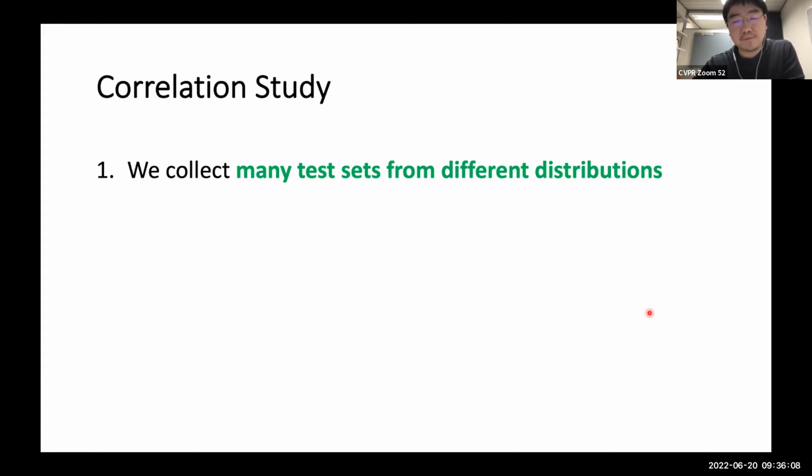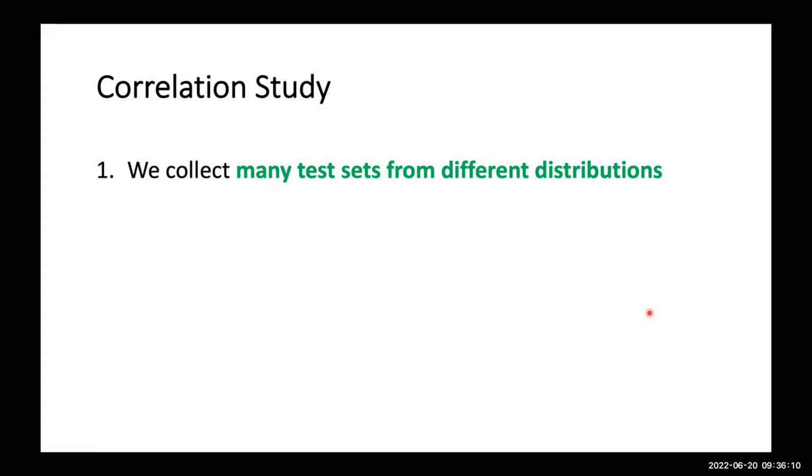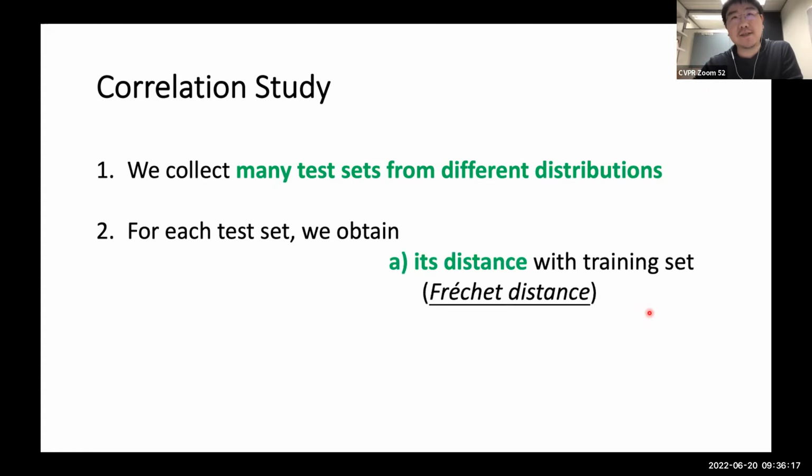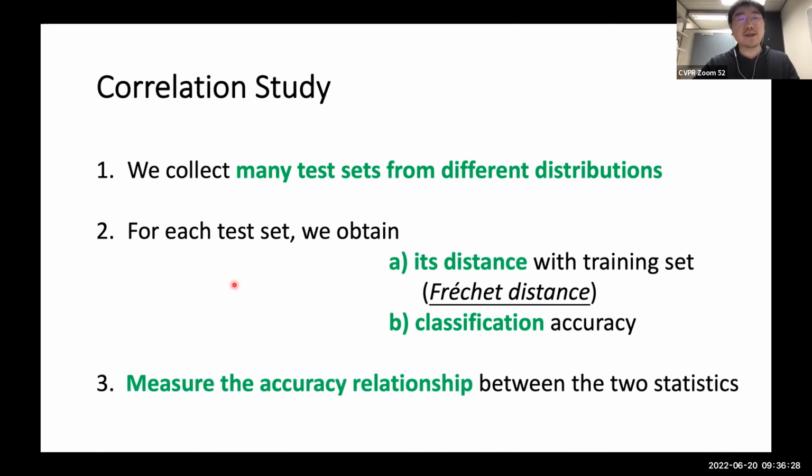Second, for each test set, we obtain its distance to the training set, and we obtain the model's classification accuracy on this test set. And third, we plot the relationship between the test accuracy and the distribution shift.